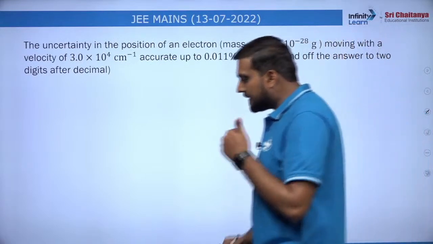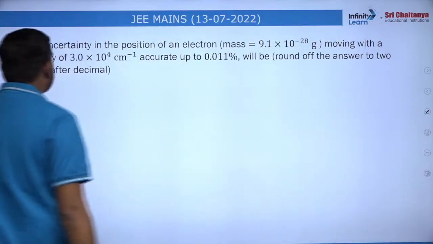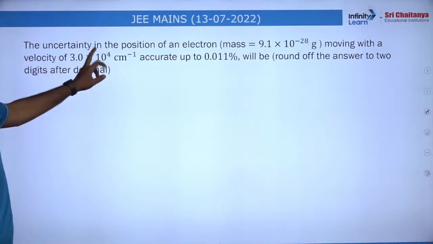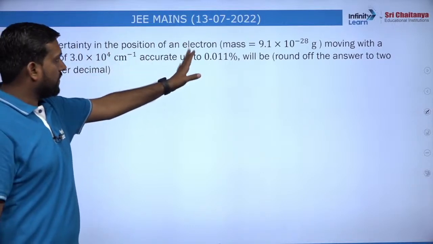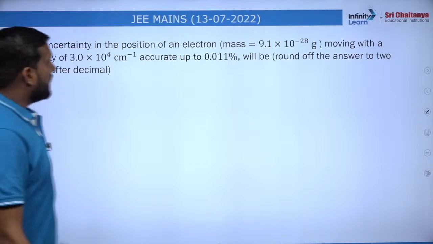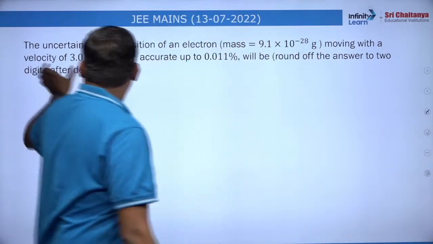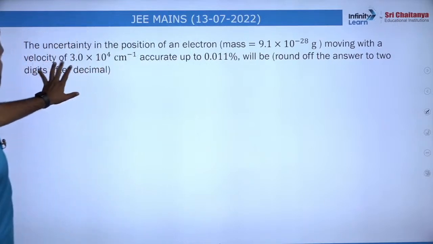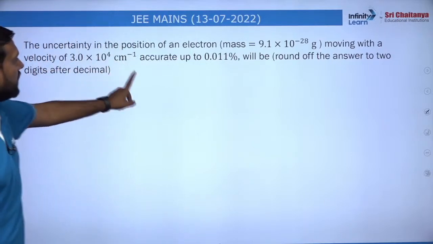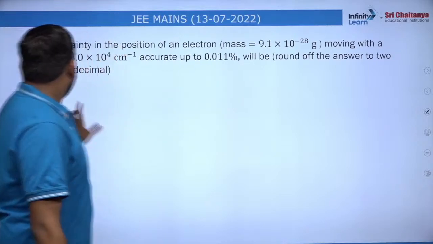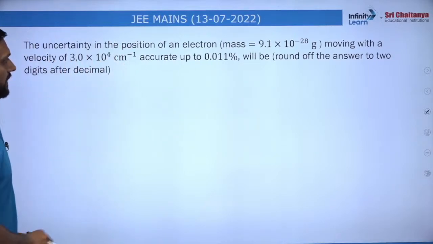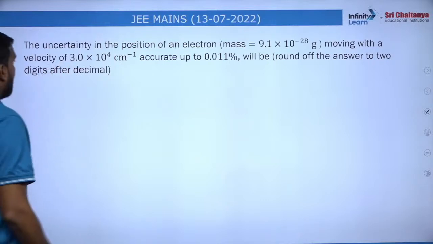The next question is basically a numerical, and the question says: the uncertainty in the position of an electron moving with a velocity given to you, accurate up to this. So you have to find the uncertainty in the position of an electron moving with this velocity.